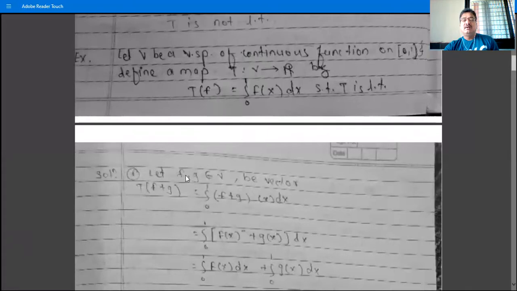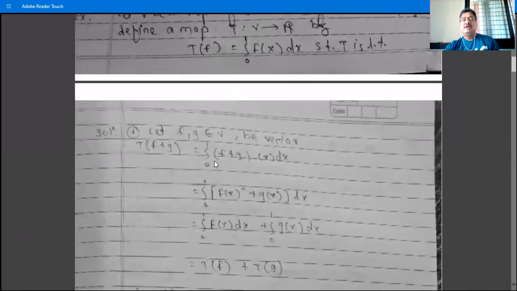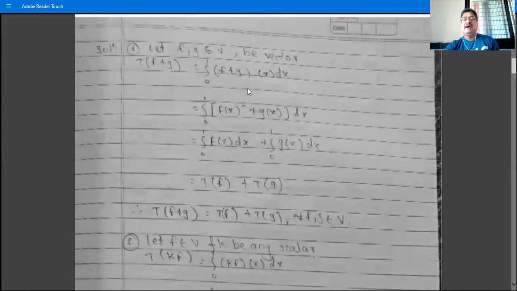So take two elements from this V, and then what is T of f plus g? Just replace f by f plus g. So integration from 0 to 1 of (f plus g)(x) dx. And by using the definition of addition of two functions, (f plus g)(x) is f(x) plus g(x).